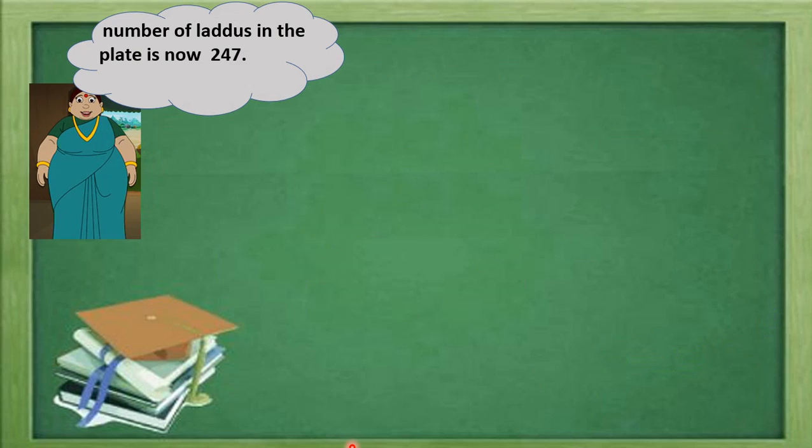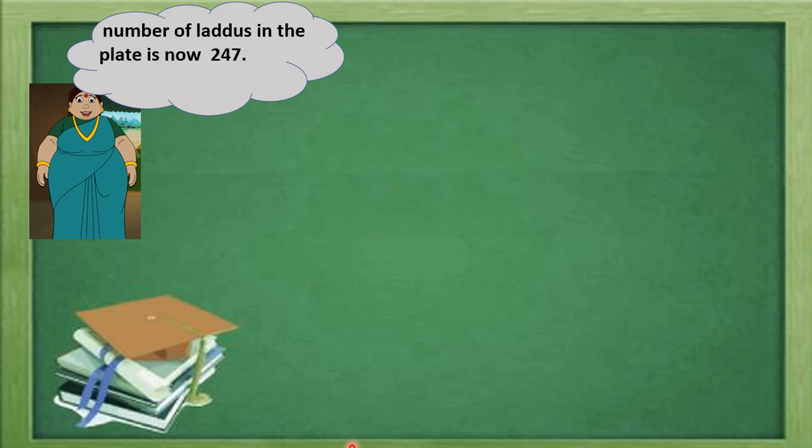Now the aunt says, by counting the laddus, there are 247 laddus in the plate now. But I remember the quantity which is now present in the plate is very less compared to the full plate.